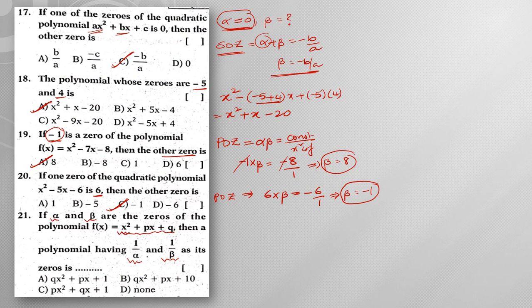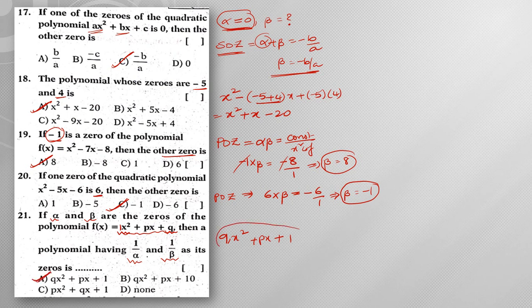What is the x square coefficient here? It is 1. What is the constant? q. So replace the coefficients, then I can write it as qx square plus px plus 1. Hence the answer is qx square plus px plus 1.